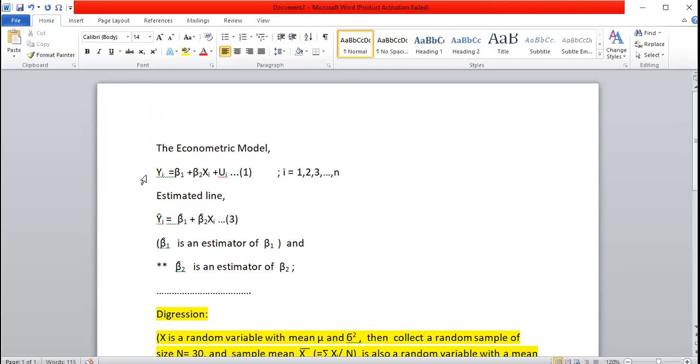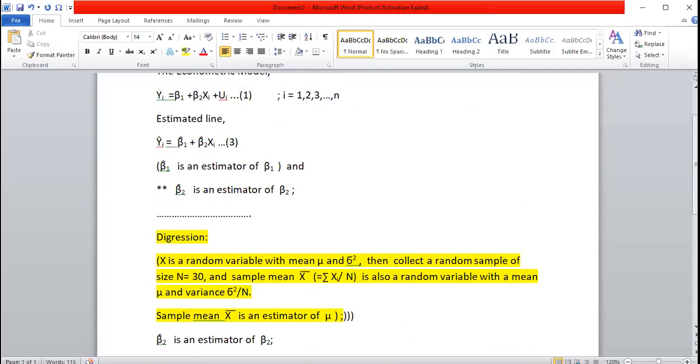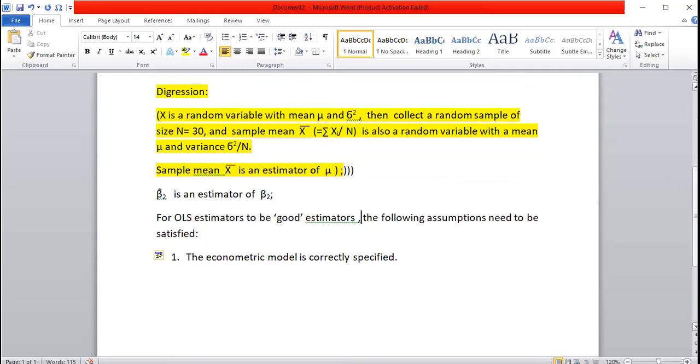Here is the model: Y i equals beta 1 plus beta 2 x i plus u i. That is the model. So the first assumption is saying this model is correctly specified. What does it mean? It means at least 3 things, maybe 4, I forgot. At least 3 things when they say the model is correctly specified.